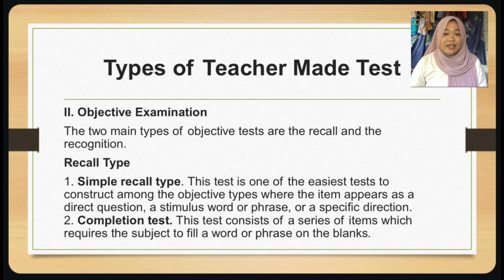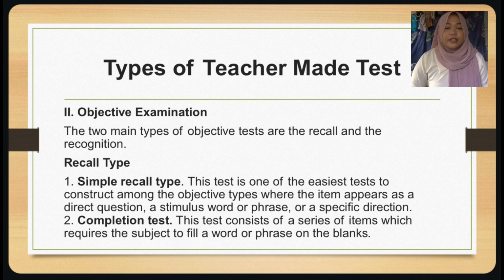The assessment is based on factual information and does not involve subjective opinions or interpretation, just like the essays that we know. In recall examination, the students are typically presented with a question or a prompt, and they are expected to generate or recall the relevant information from their memory.